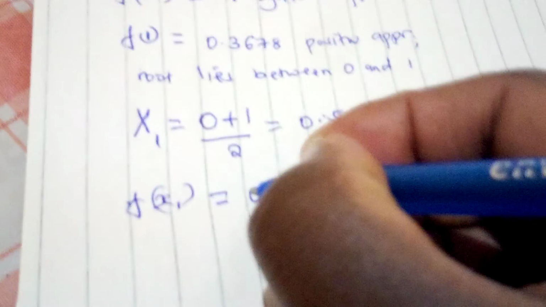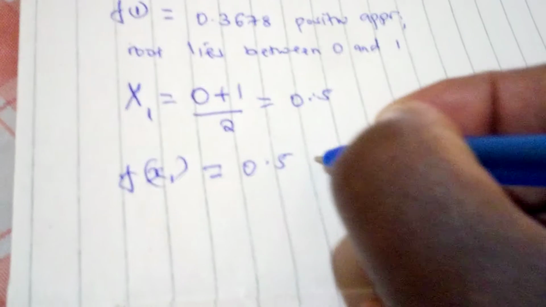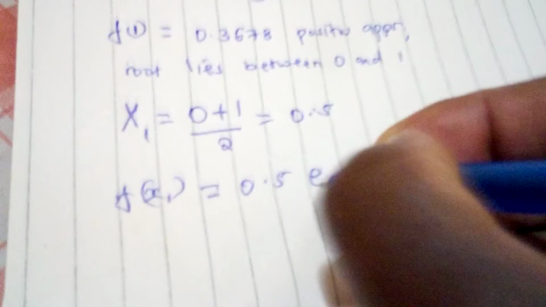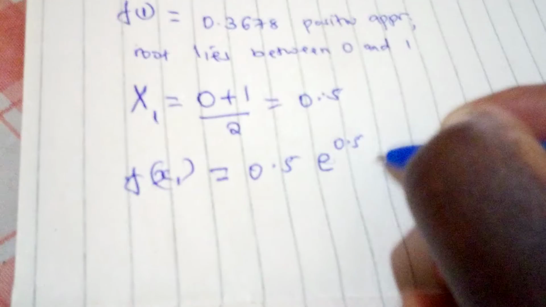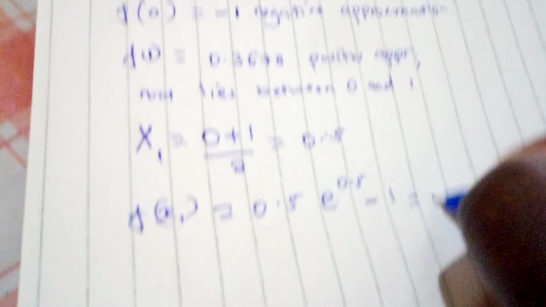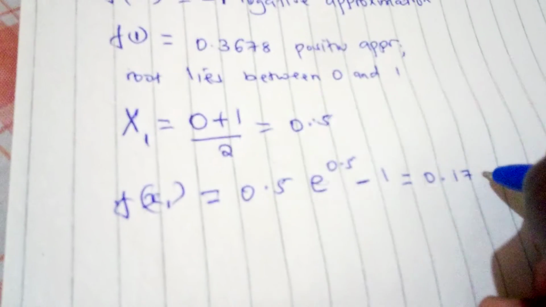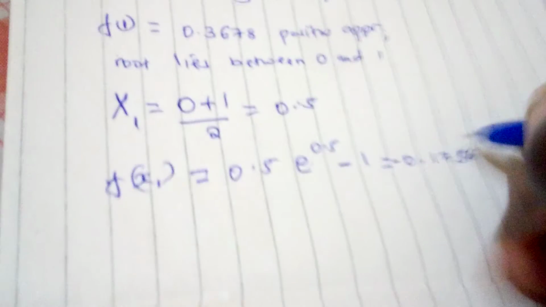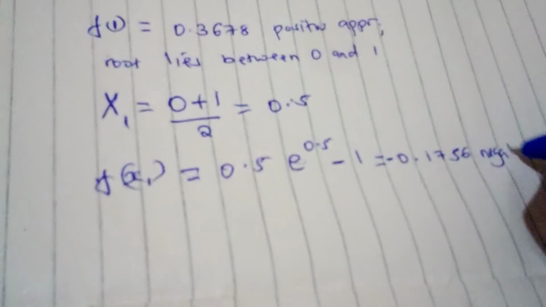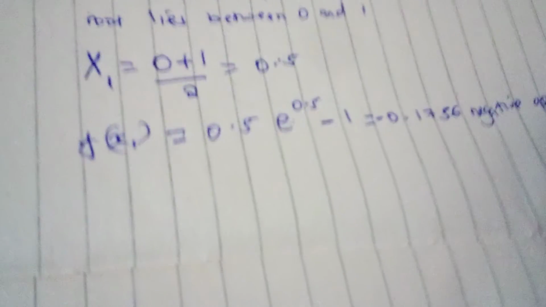So we have f of x1 is equals to 0.5 exponential 0.5 subtract 1, which will give us negative 0.1756, which is a negative approximation.